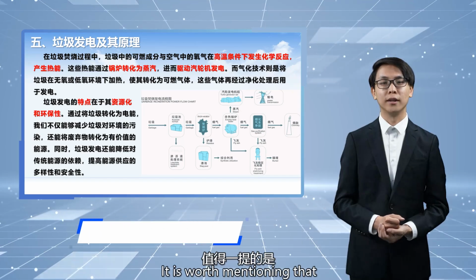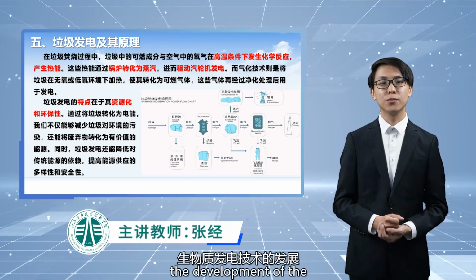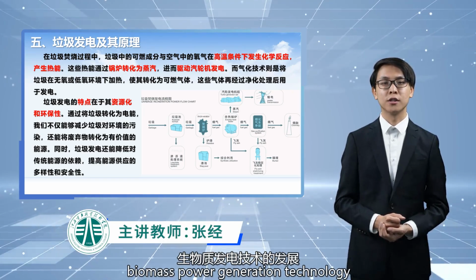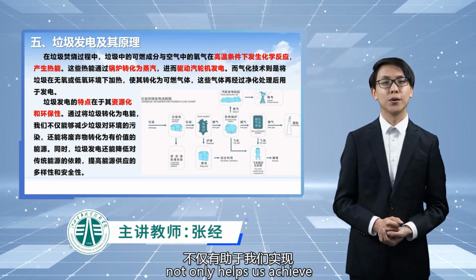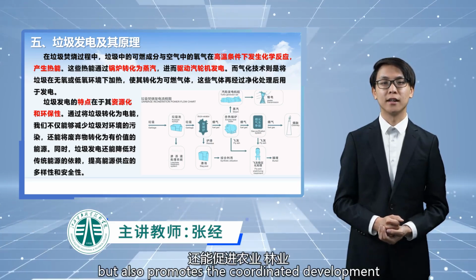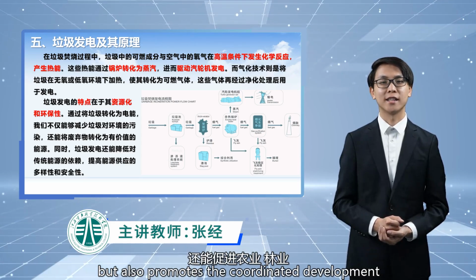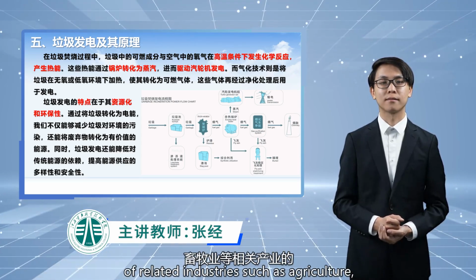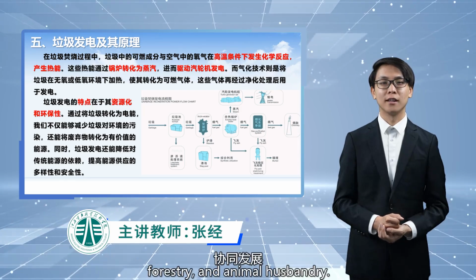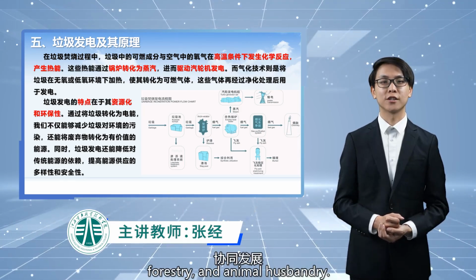It is worth mentioning that the development of biomass power generation technology not only helps us achieve sustainable energy utilization, but also promotes the coordinated development of related industries such as agriculture, forestry, and animal husbandry.